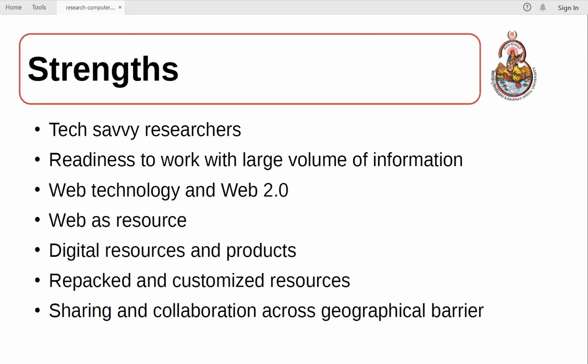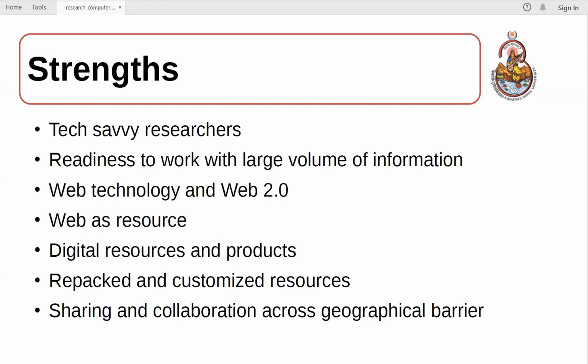In fact, if you are using ICT, you can always work with a large amount of data because you have the enormous computation power of a machine at your disposal. Web technology is there. Web 2.0 is there for you for sharing, for collaborating with people across the globe.